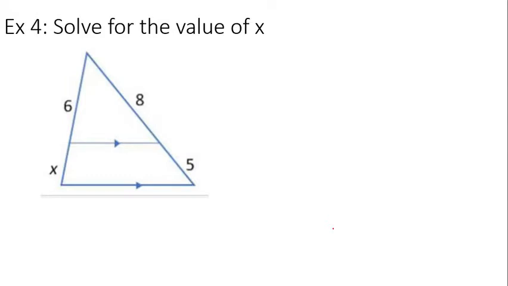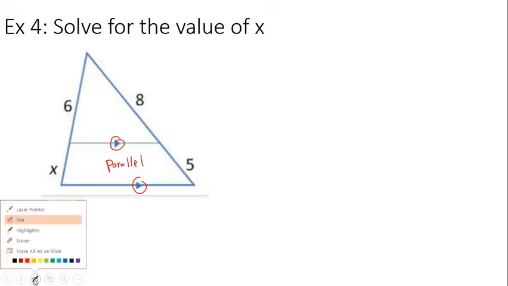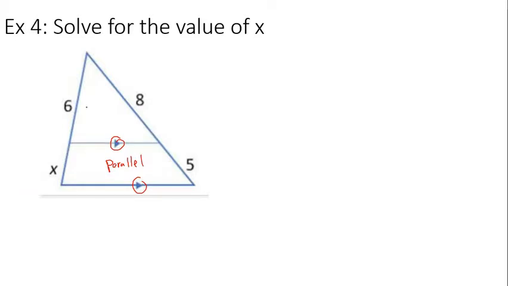Example 4, we're going to solve for the value of x. So what we're going to do here is, again, remember these two, this means parallel. And when they're parallel, think of it like this.